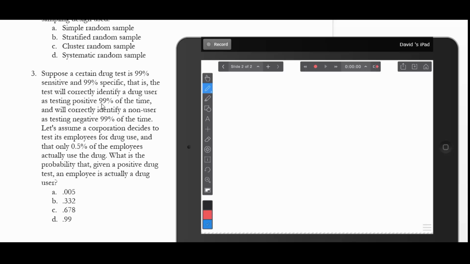So let's start with that we have 0.005. That's 0.5% that use the drug, and that would leave 0.995 that don't use the drug.